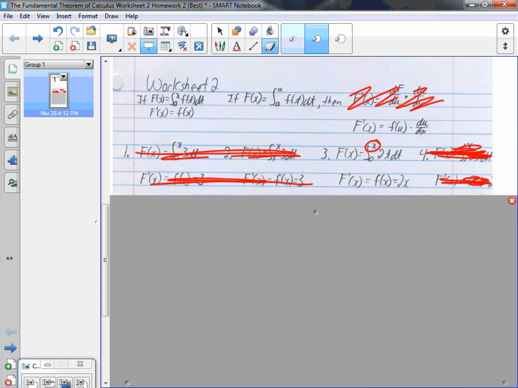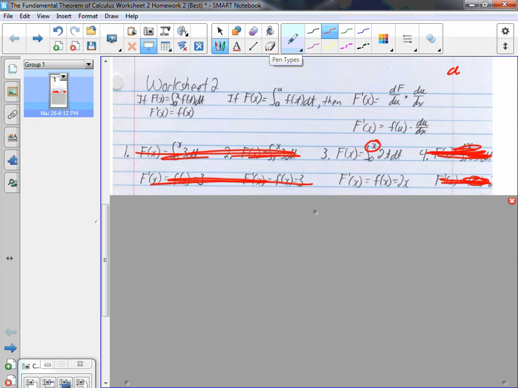It's u. If capital F of x equals the integral from a to u of f of t dt, then it works this way. Remember, it's the chain rule. Capital F prime of x equals, all right, the derivative of capital F with respect to u times the derivative of u with respect to x. When we first learned it, it looked like this, dy/du times du/dx. They just called it f instead of y, that's all.